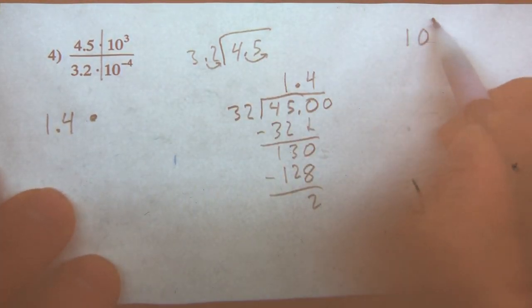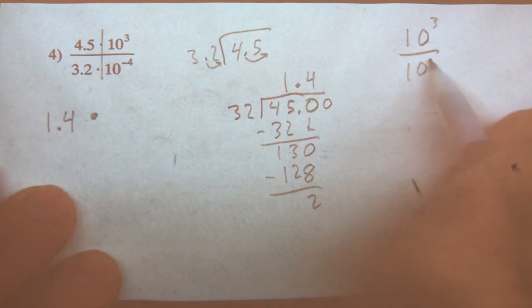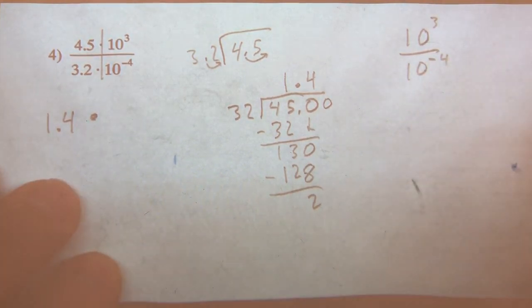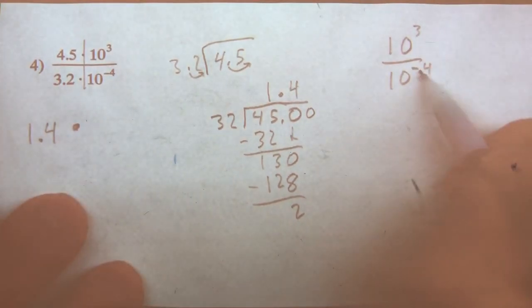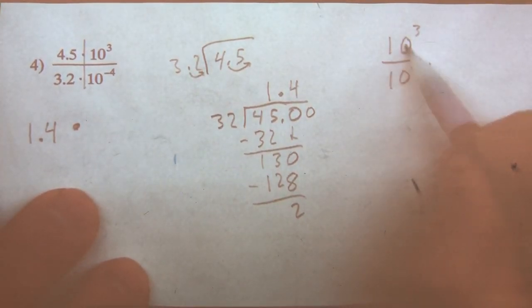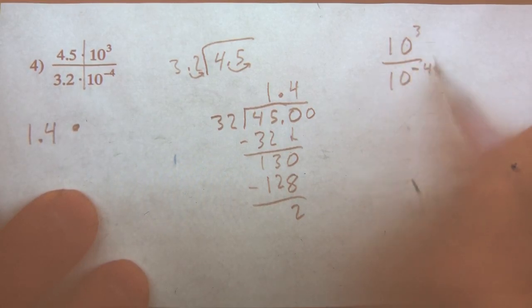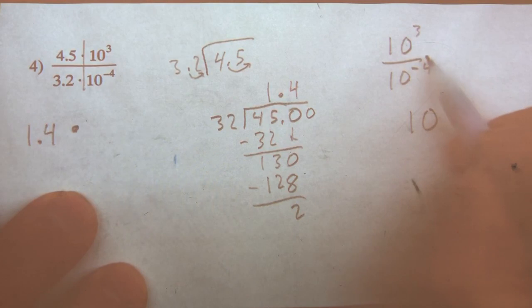Now watch carefully. I put this example in here to illustrate a point that some people make a mistake on. Here we have 10 to the 3 divided by 10 to the -4. Dividing powers, same base, subtract these numbers, but do it exactly: 3 minus -4. You have to use exactly what's there.